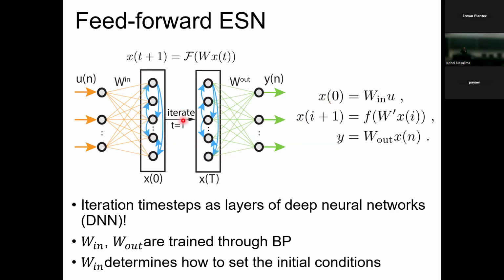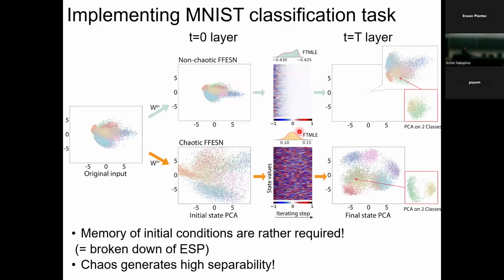And then you run your echo-state network for T time steps. This is a layer. And then you use the final time step as a final layer. And then you apply this W out and obtain your output. This is the system. And we found that it actually works.